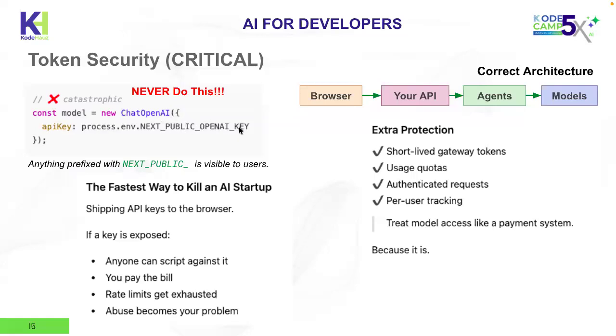The key is actually going to be extracted from the .env file and compiled into the payload that goes to the front end. So people will see this key. And the worst thing is that any key that you prefix with NEXT_PUBLIC, Next.js is going to pull it from your .env and load it into the payload.